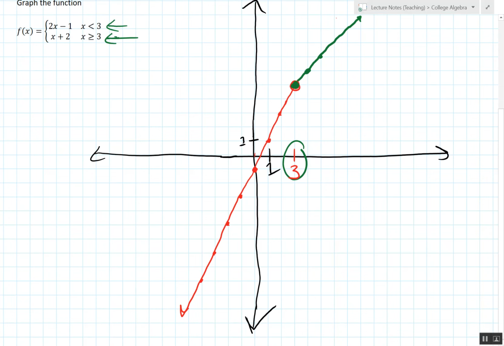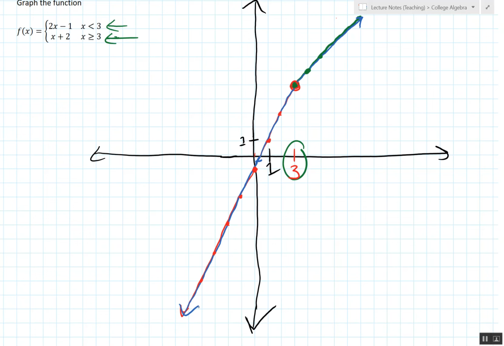Now if I just draw in blue over this, when I get to x equals 3, all I have to do is change direction, and I don't have to lift my pencil off the paper here. So that's what it means to be continuous, and this is why this is an example of a continuous piecewise defined function.